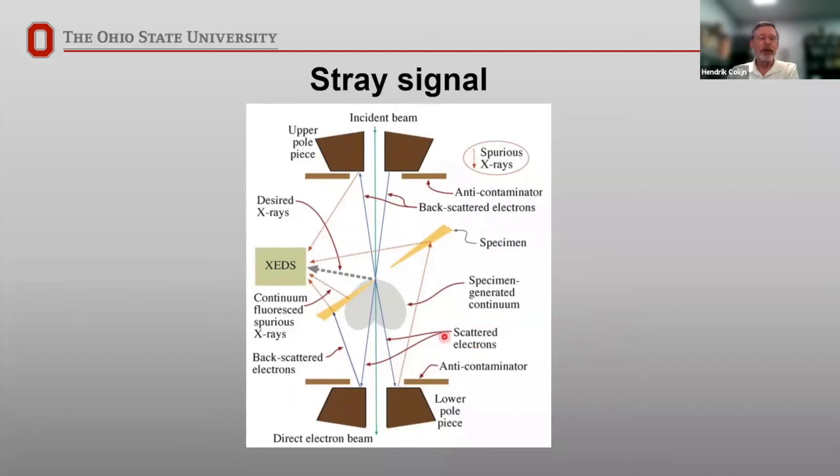There are various measures they have taken to minimize contributions from the pole pieces and so on, and backscatters. However, you still run into issues with scattering within the sample. Many times, your sample is mounted on a copper grid. As you tilt the sample, the continuum generated within the sample can actually cause the grid to fluoresce.